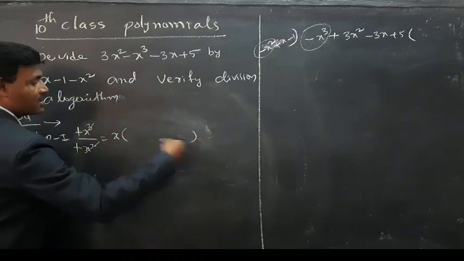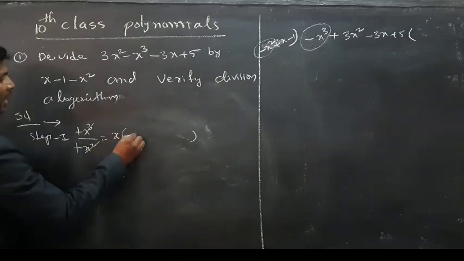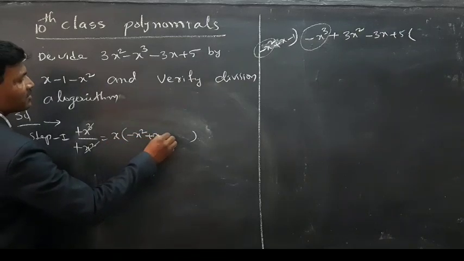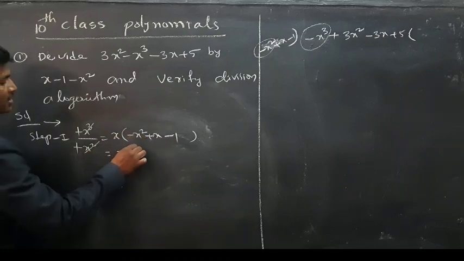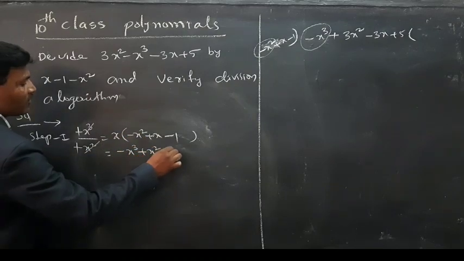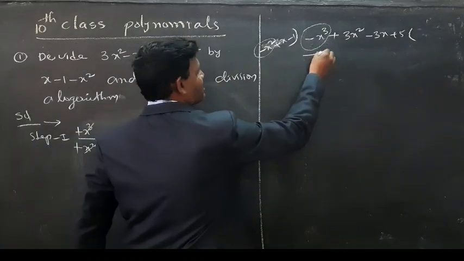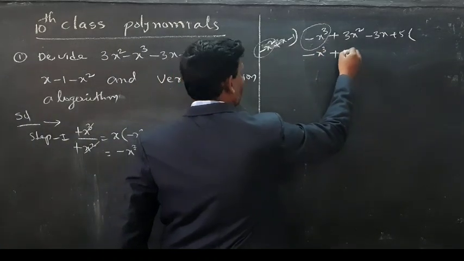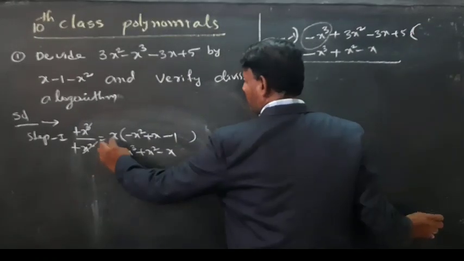Beside this, we have to take this polynomial: minus x square plus x minus 1. Now multiply: minus x cube plus x square minus x. Write the answer here.